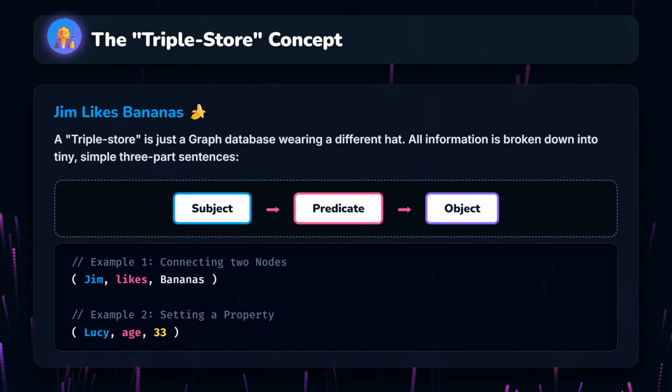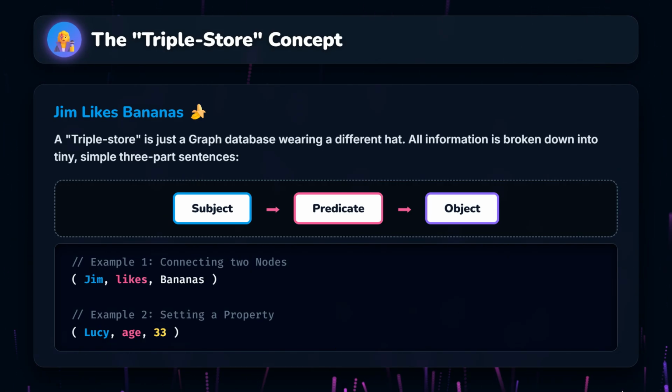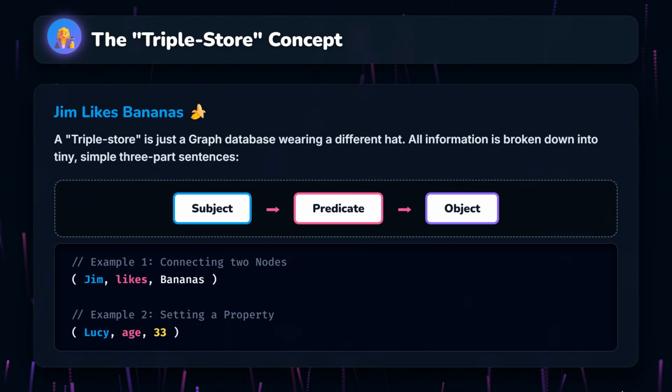It perfectly maps to a graph, where Jim and bananas are the nodes, and the word likes is the edge connecting them. In example 2, we use a triple to just set a simple property. We write, Lucy, age 33. By storing millions of these tiny three-part sentences, we can build a massive, highly detailed web of knowledge.